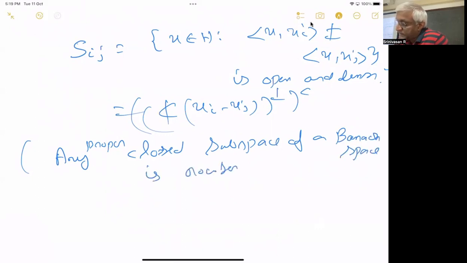You know what is nowhere dense? It does not contain any open ball. Nowhere dense means something which is closed and does not contain any open ball inside it. So the complement has to be dense and open.